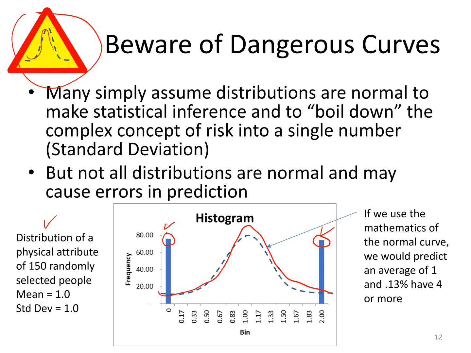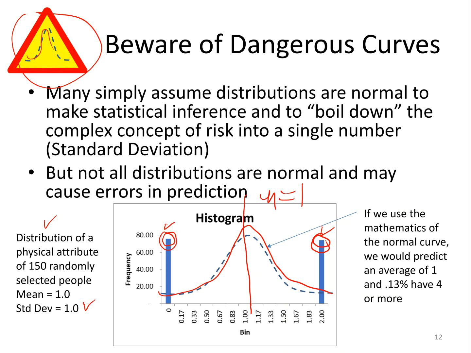There is no central tendency here, right? There's no bell-shaped curve. However, if I just assume it's a normal distribution and I calculate the mean, well, if half the people have 0 and half the people have 2, the mean will be 1. And if I calculate the standard deviation of that data set, where there are just a bunch of 0s and 2s, the standard deviation will be 1.